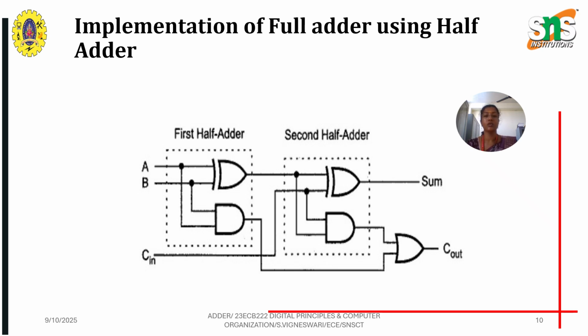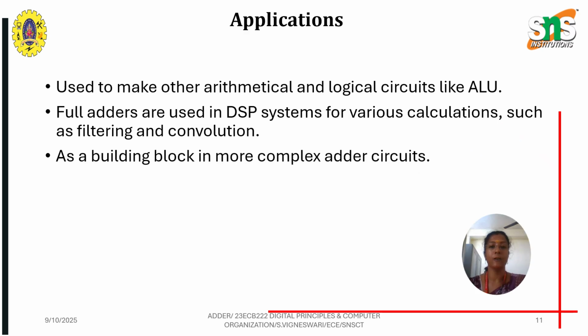The second stage comprises another similar half adder circuit, which takes the carry in and the sum output of the first half adder. And the carries of the first and second adders are given to the OR gate, which gives the Cout. So this is how we implement the full adder circuit using the half adder.